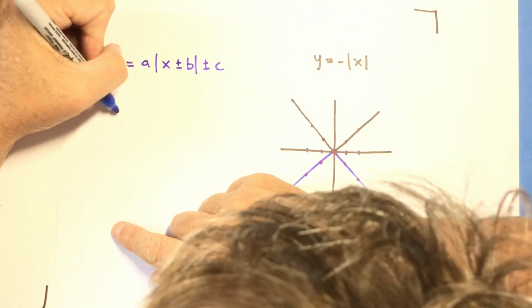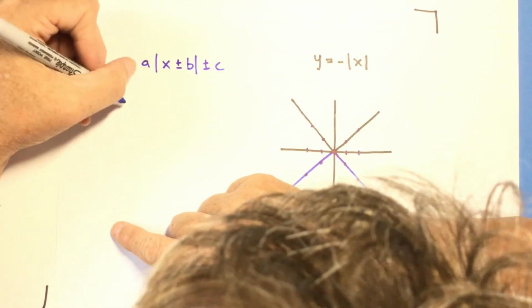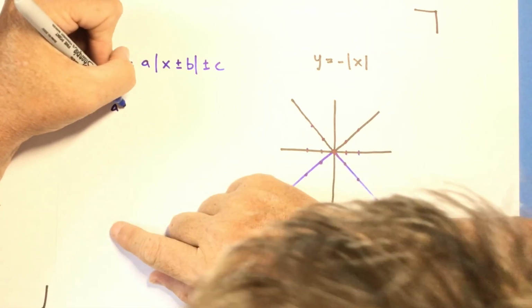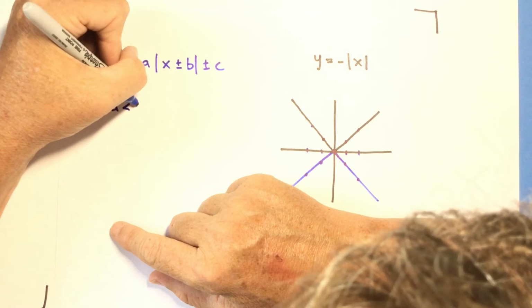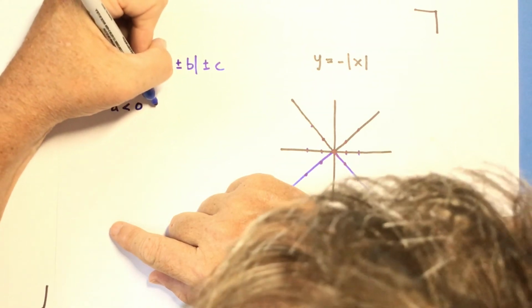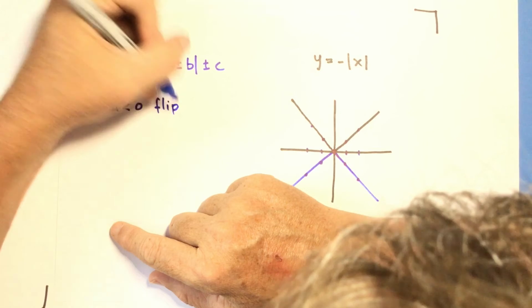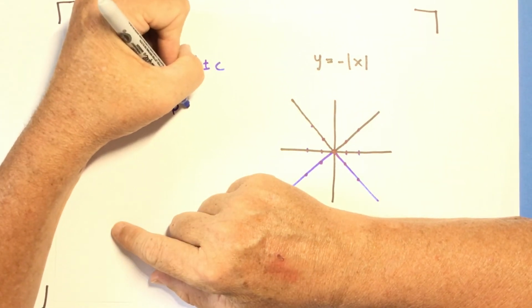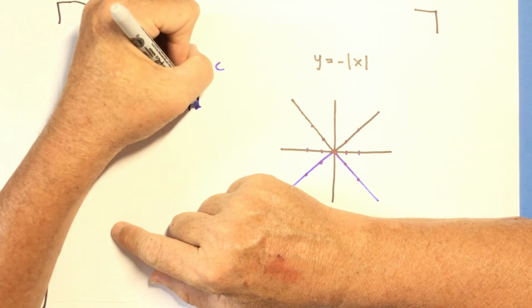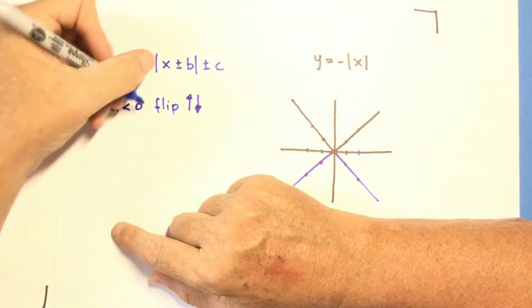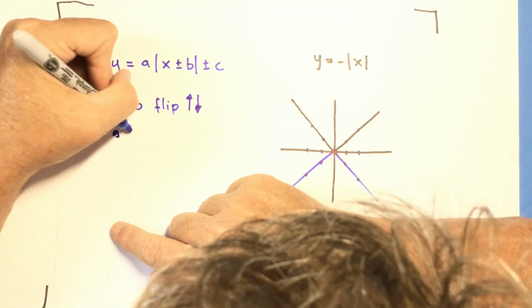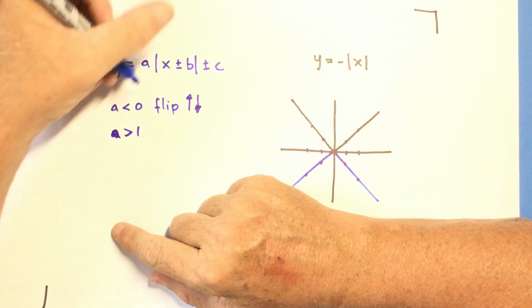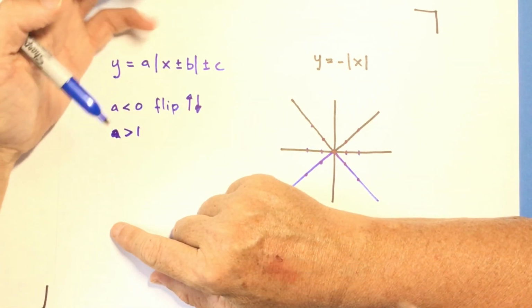Now, let's look at A. If A is negative, in other words, A is less than 0, then that will flip the graph top to bottom. So flip the graph. If A is greater than 1, that will cause the whole graph to go up faster.